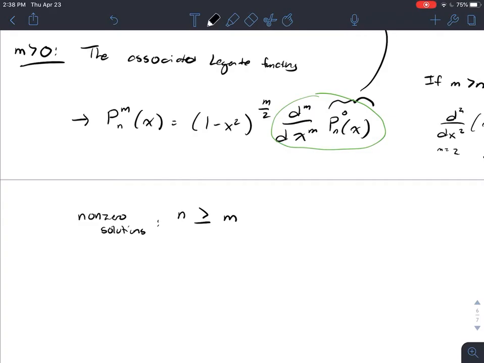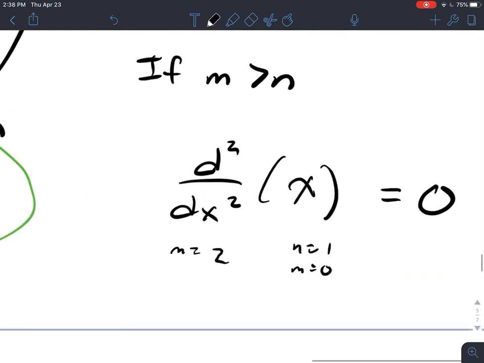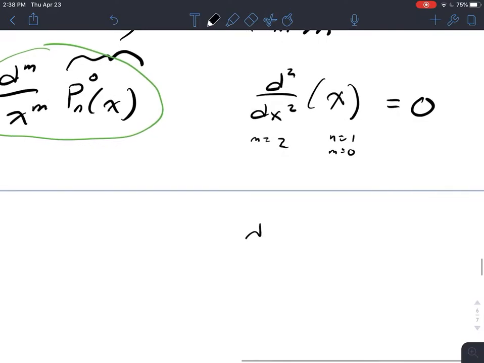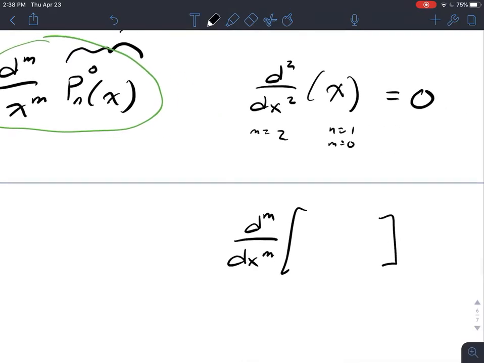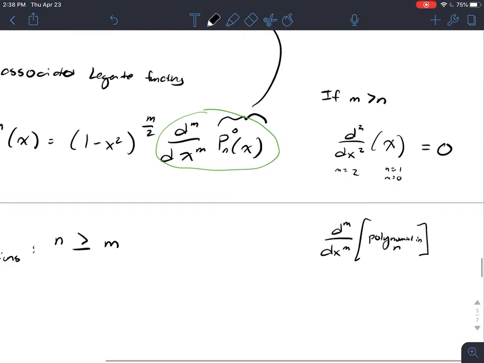Otherwise, if m is greater than n, then everything would be equal to 0 because of the simple fact about the derivatives. The more general way of writing this would be to notice that d^m/dx^m is taking the derivative of a polynomial in n.